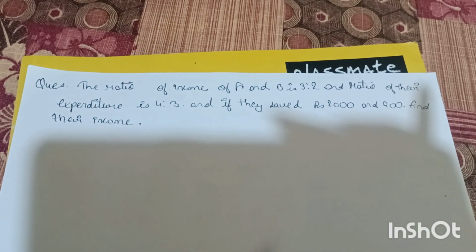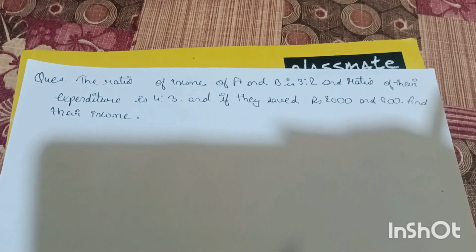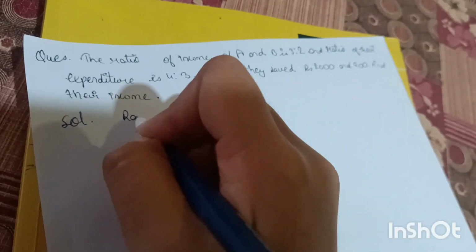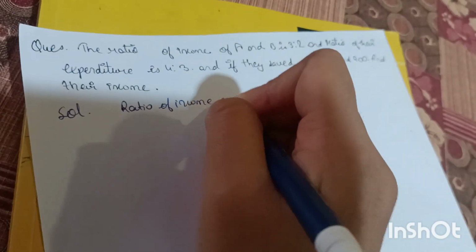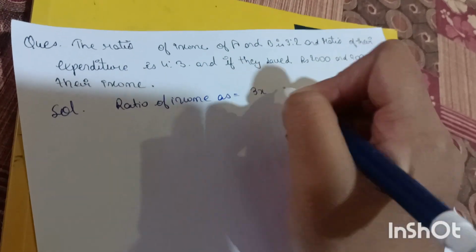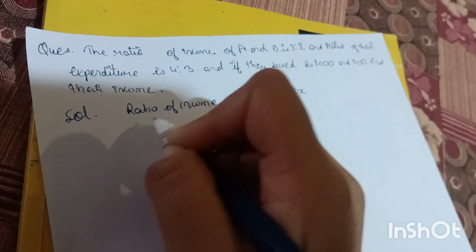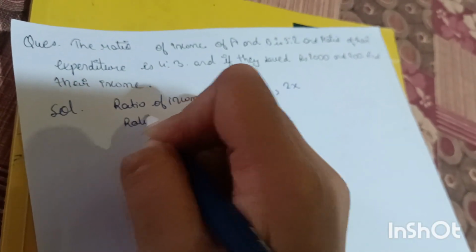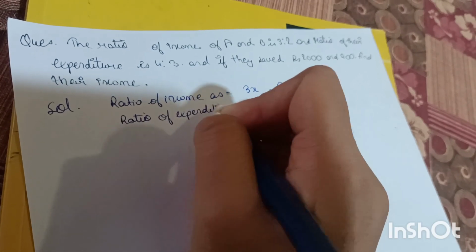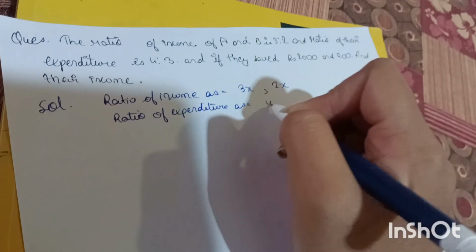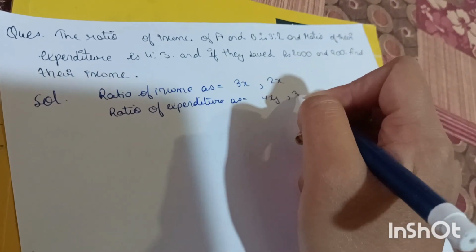So the next question is on your screen. You may solve it out. So for solving it, first let's take the ratio of income as 3x and 2x, and the ratio of expenditure as 4y and 3y.